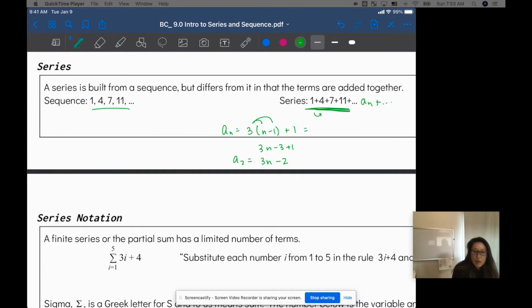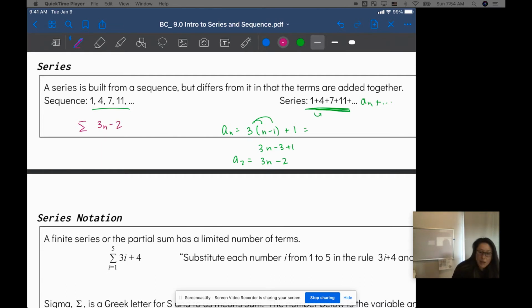So the way we would write this in sigma notation is we would say the sum, so we use this sigma, is equal to, and the rule is 3n minus 2.